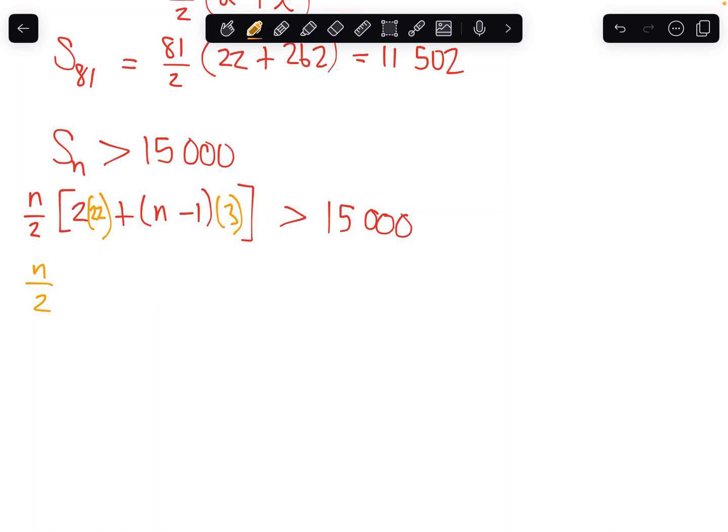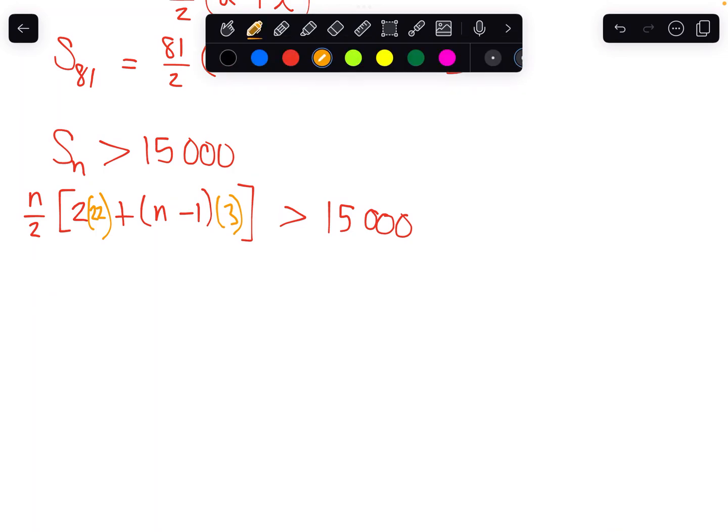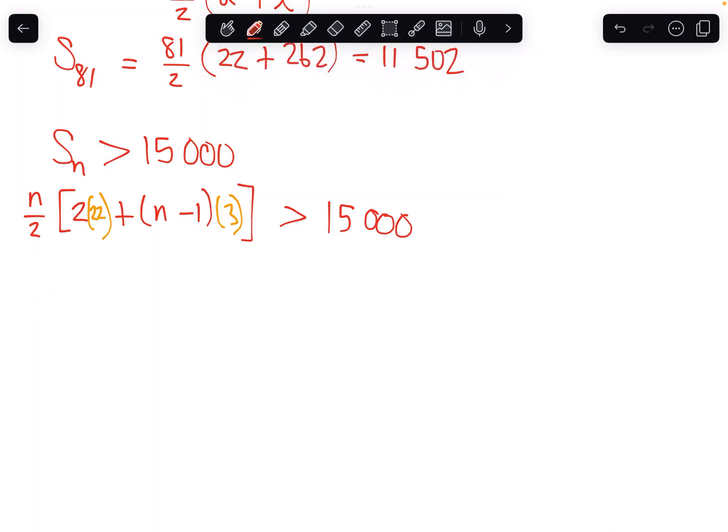So we've got n over 2 times 44 plus 3n minus 3, and we're trying to figure out when it will be bigger than 15,000.